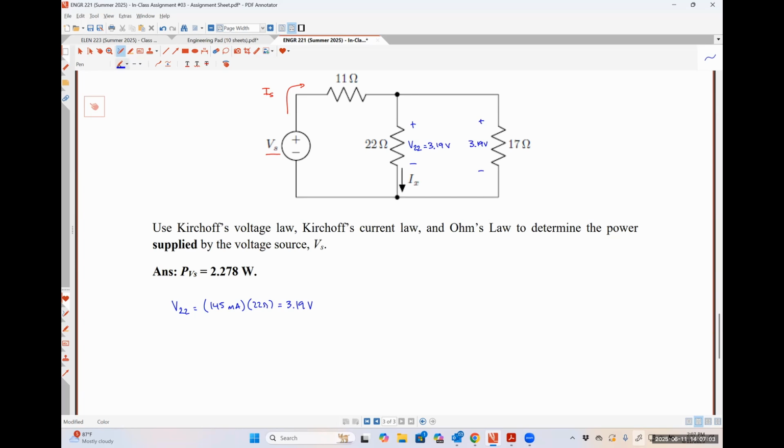We can use that information to find the current flowing down through the 17 ohm resistor, which I'm going to call I17, like so.